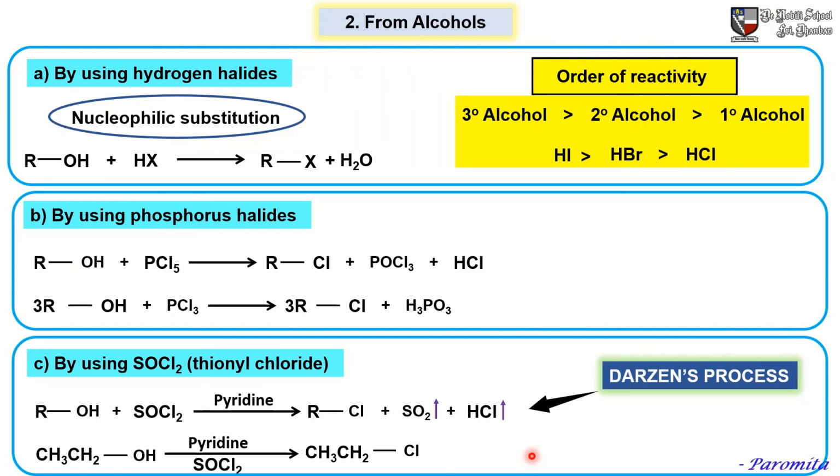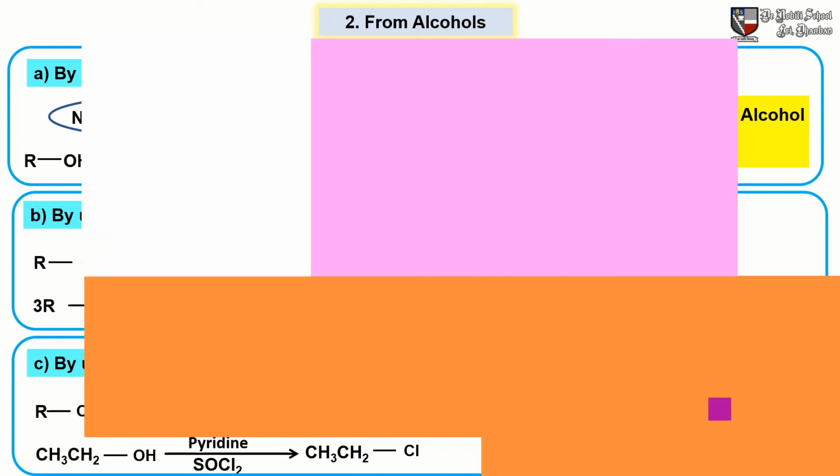So today we have discussed the two methods of preparation of alkyl halides. The first one is from alkanes and the second one is from alcohols. In our next class, we will discuss 3 more methods. Thank you.